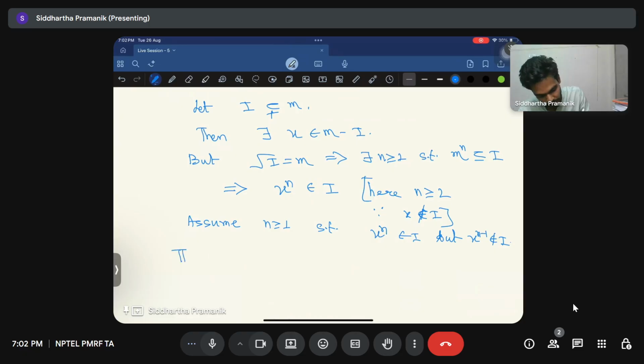Then consider the element x power n minus 1 plus I. This is a non-zero element, we need to prove.